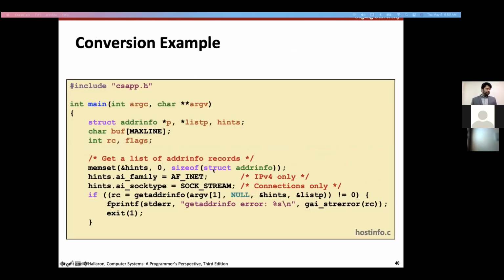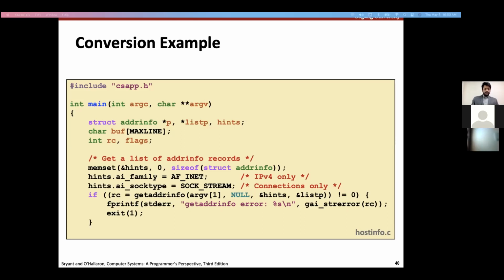This example is a simple program called host information, which internally uses get address information and get name information to display the mapping of a domain name to its associated IP addresses. First of all, we initialize the hint structure given to get address information so that it returns the addresses as we want.